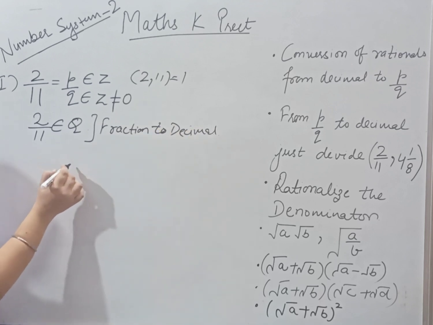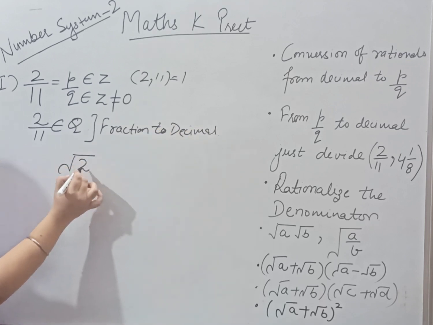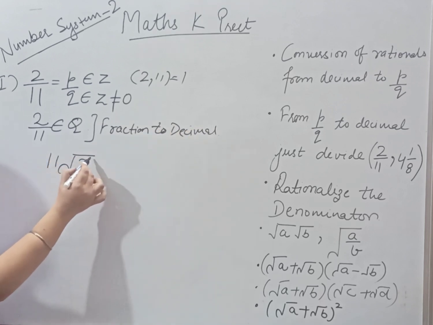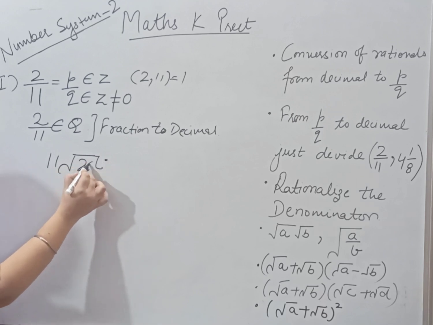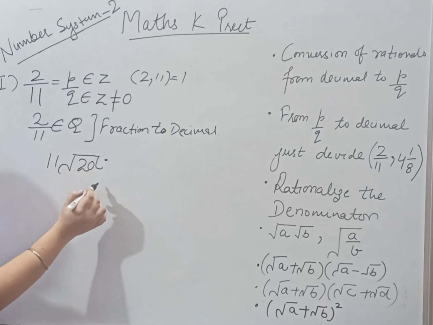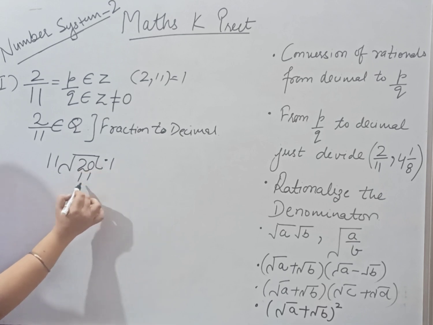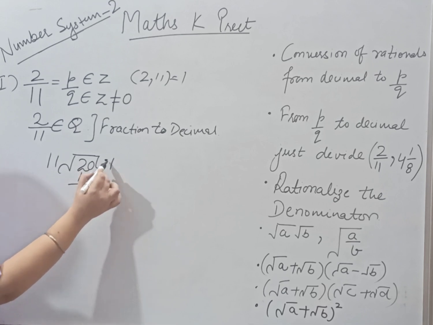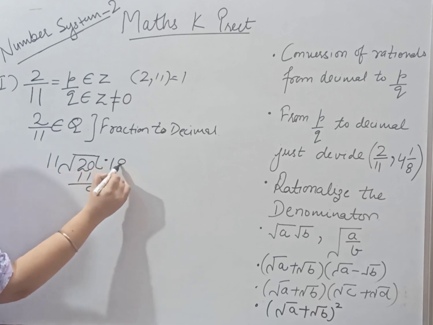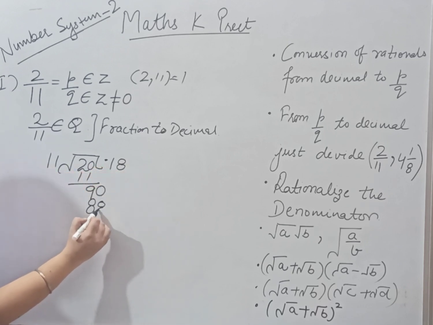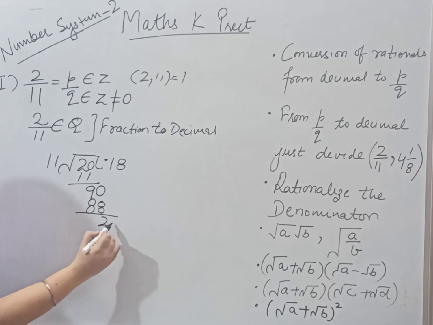What we will do is write 2 as the dividend and 11 as the divisor. 2 is less than 11, so we'll put a decimal here and bring a 0 here. 11 ones are 11, 9 is the remainder. From this decimal again we can take 0. 11 8s are 88. So 2 is the remainder again.